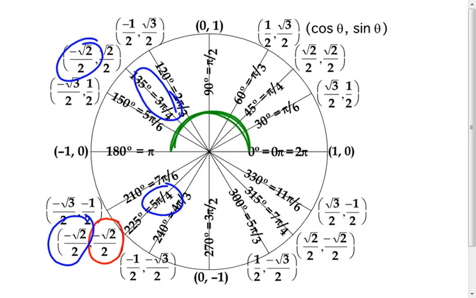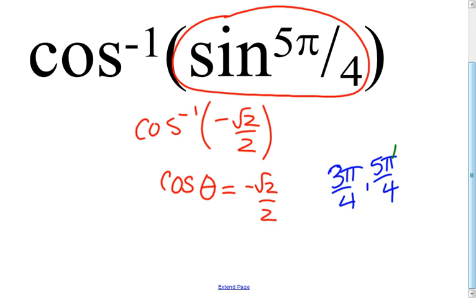And again, I'm getting that from my restricted intervals. It says between 0 and pi, so greater than 0, less than pi. And so this 3 pi over 4 will work, and the 5 pi over 4 will not.